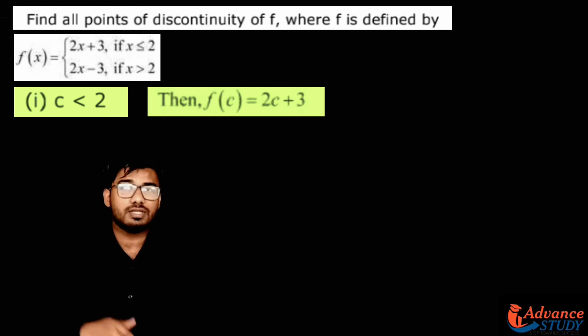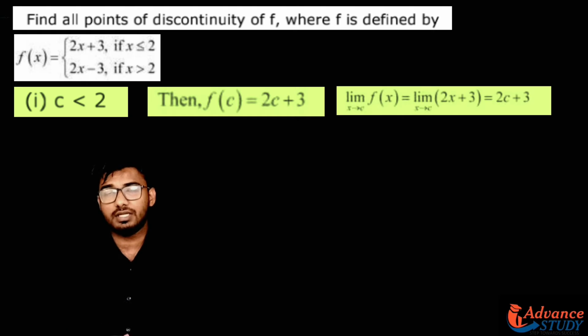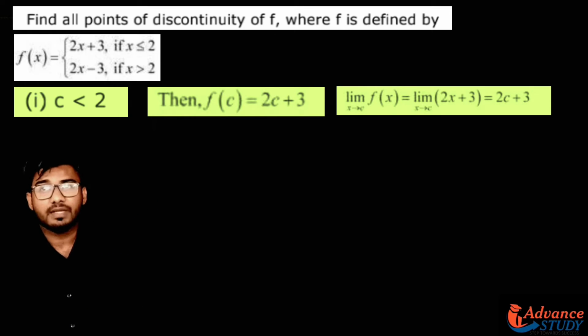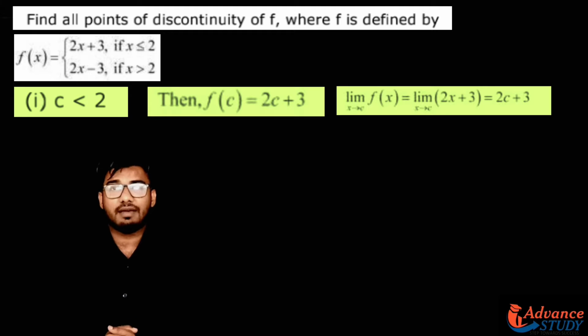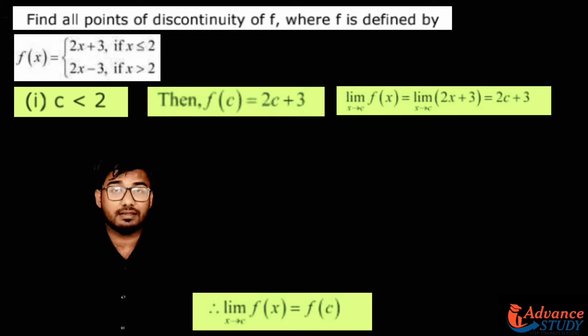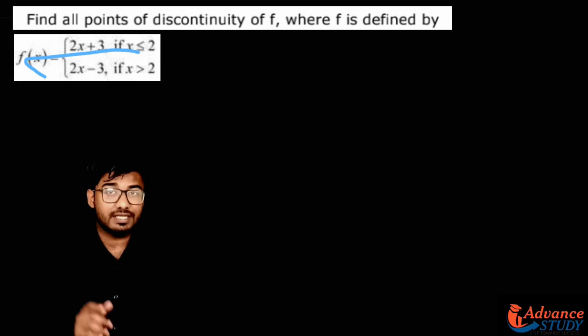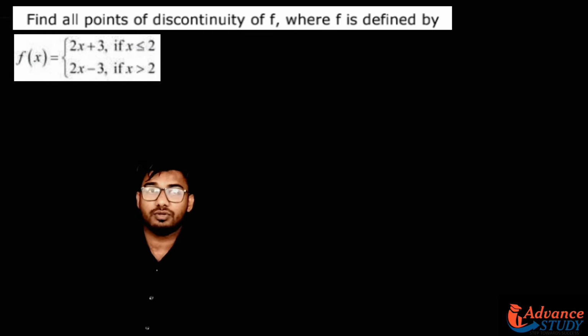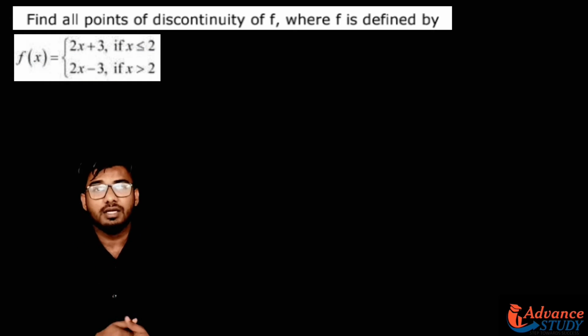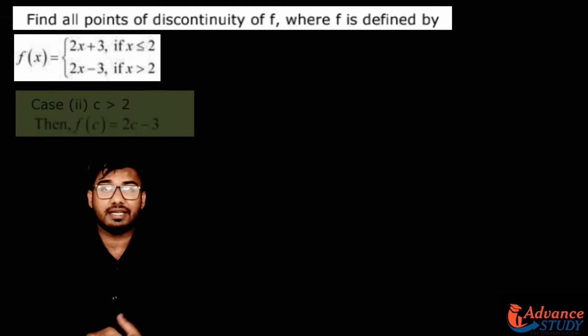So limit x tends to c, f(x) is equal to limit x tends to c, 2x plus 3. So the answer will become 2c plus 3. So limit x tends to c, f(x) is equal to f(c), so it is a continuous function. Again, in case 2, f(c) is equal to 2c minus 3, because we are taking the greater limit.